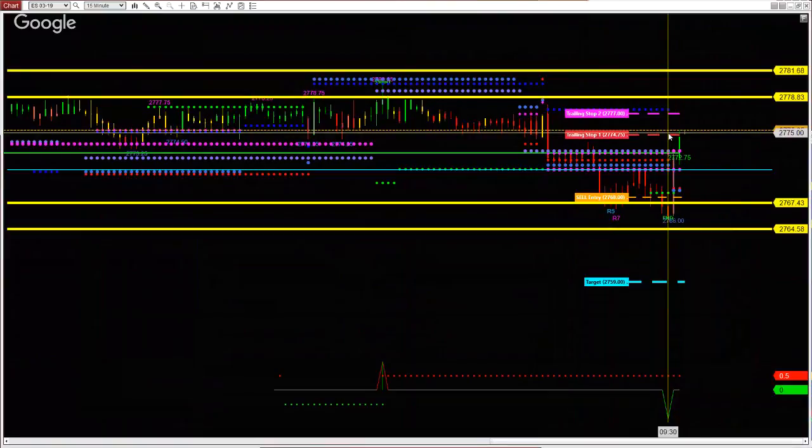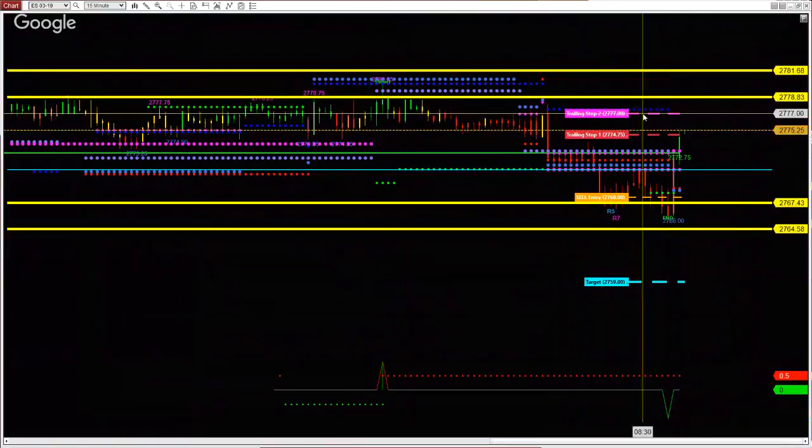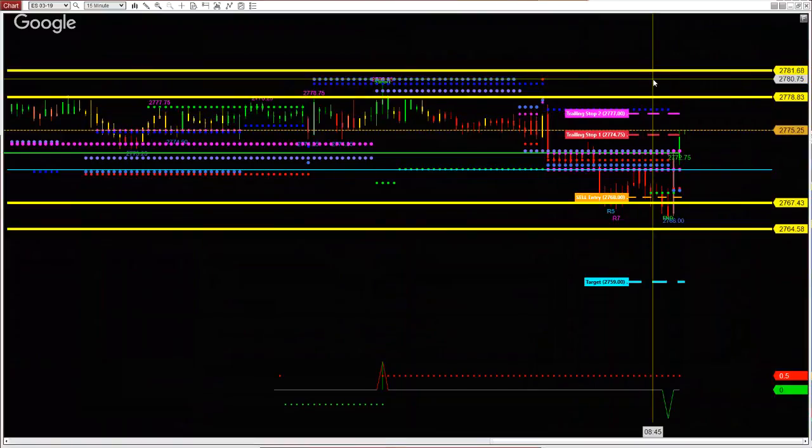The trailing stops are based on fibs, and we are coming to the end of this point at the 77 level. What follows the 77 level is another resistance, and we have those two yellow lines. That means this is a dangerous area where you should not be trading long anymore.